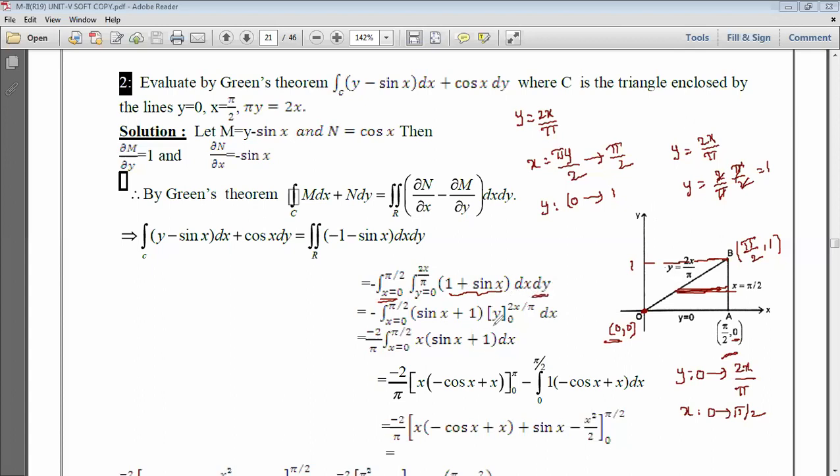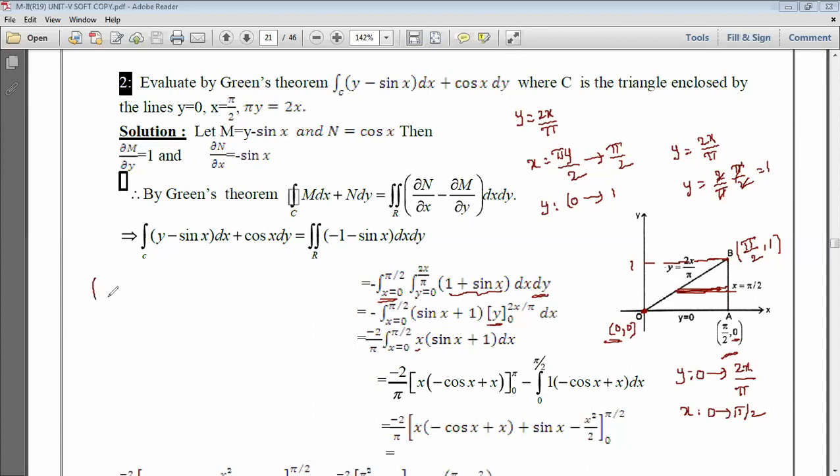Integral dy is y between the limits 0 to 2x by pi. Substituting the limits, 2x by pi minus 0 is 2x by pi. 2 by pi is a constant, so I wrote it outside, and x into sine x plus 1.